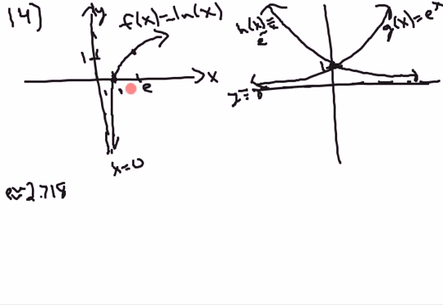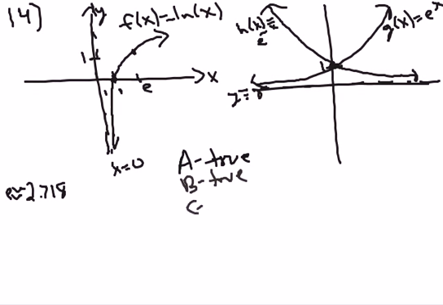So this is actually true. So A is true. And if you look, the question is actually asking which one is false. B is also true, because if you look at ln of x, it's increasing without bound as x increases without bound. In other words, as x approaches positive infinity, f of x approaches positive infinity. So B is also true.